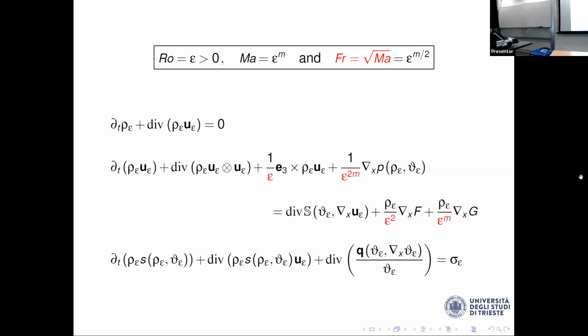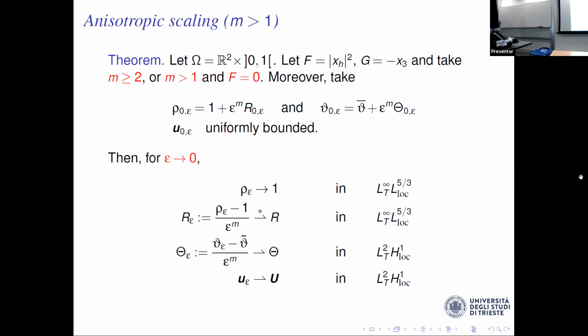Yes, of course. The point is more or less the same point that the professor already pointed out. This is due to the fact that, one, we have a low stratification regime. The second point is that we take initial data that are a perturbation of a constant profile.